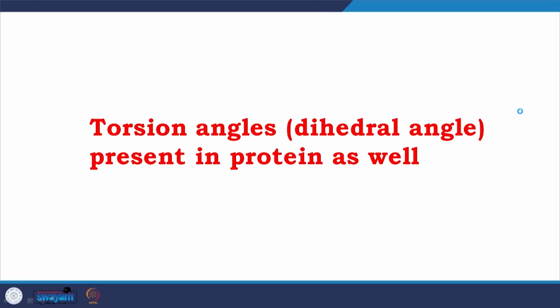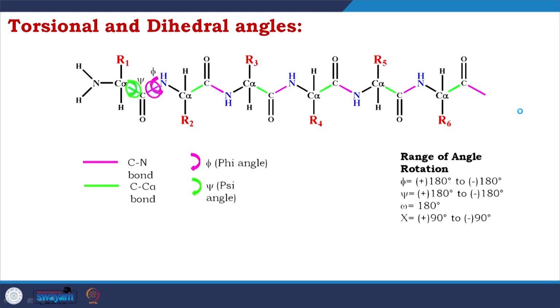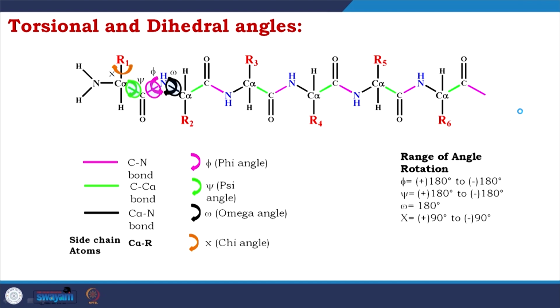So, we will come to torsion angles which are present in protein. So, this is a peptide where we see that the CN bond is the phi angle, the C alpha bond is the psi angle, the C alpha N bond is the omega angle, and the C alpha R bond is the chi angle.